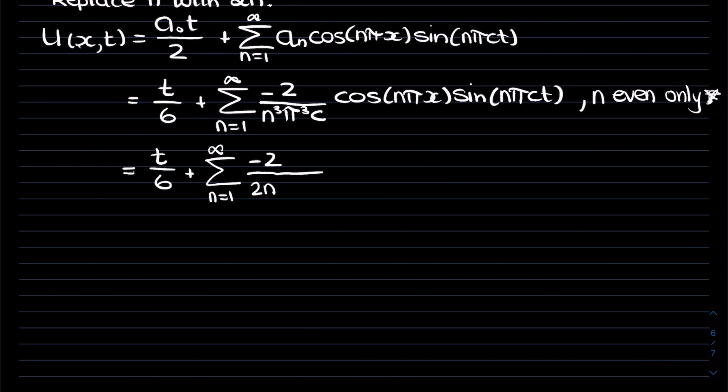So 2n pi, and all of those terms are cubed, times c, cosine 2n pi x times sine 2n pi c t.